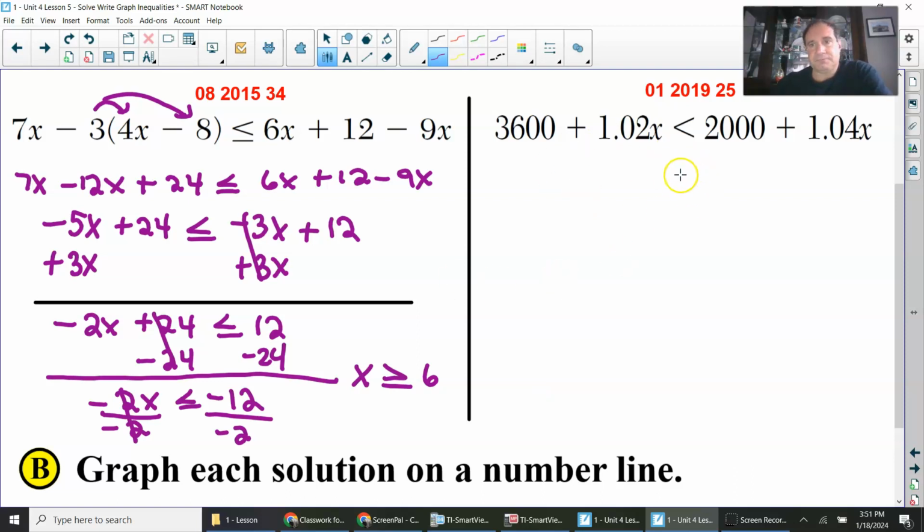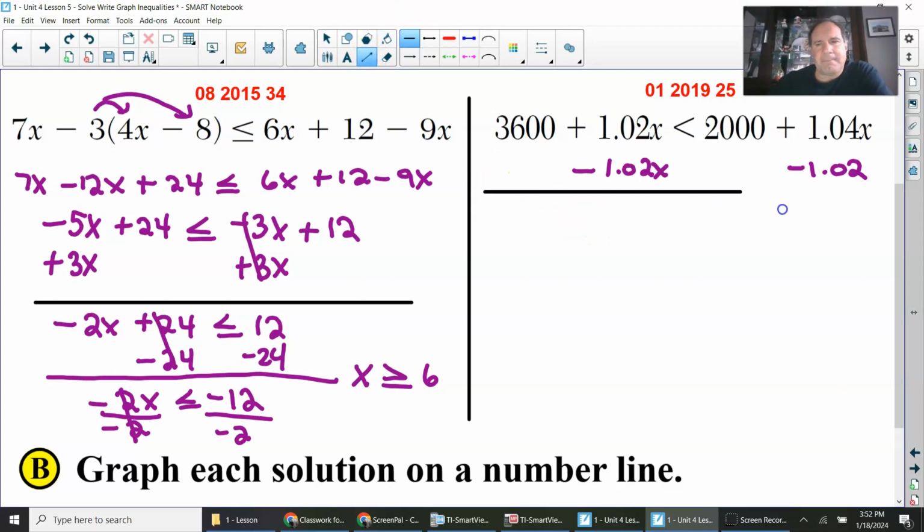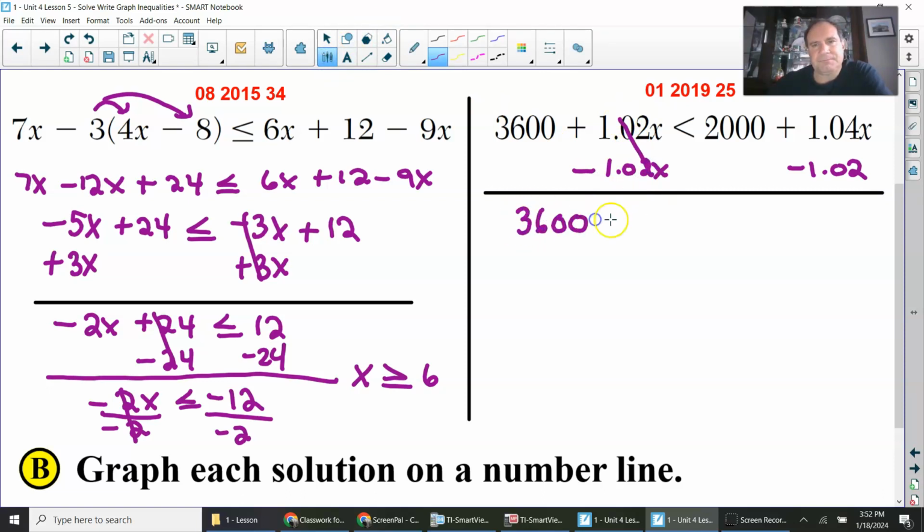For this one, I'm going to do it again. I'm going to minus the smaller from the larger. Now I'm going to stay in the positive. So, staying in the positive means that I am not going to have to flip that inequality symbol.